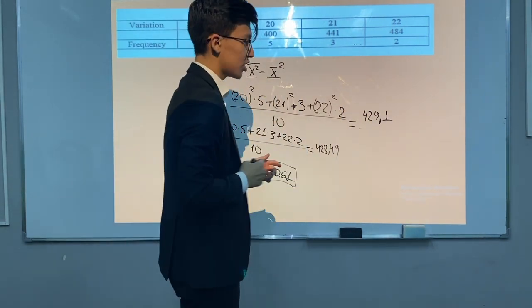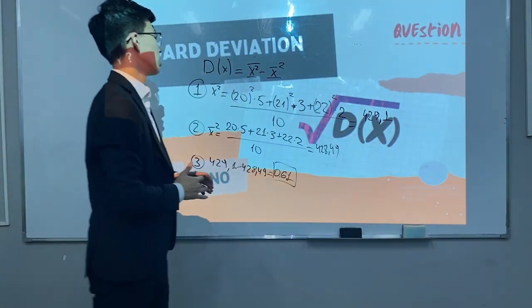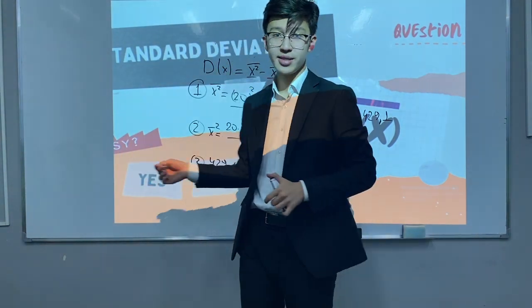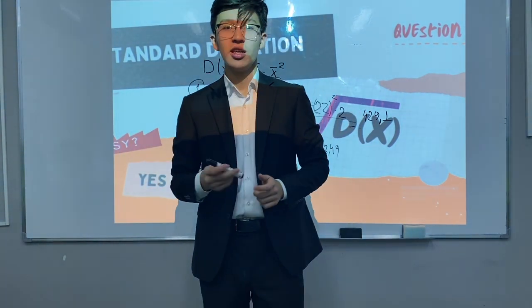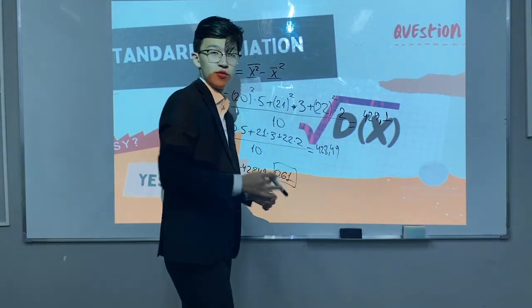And the next one we have to know is the standard deviation. What is the standard deviation? It is pretty easy. The standard deviation is just the square root of our value of dispersion.